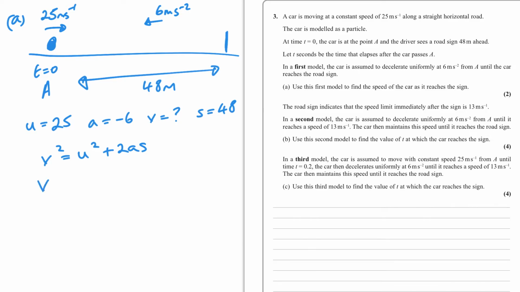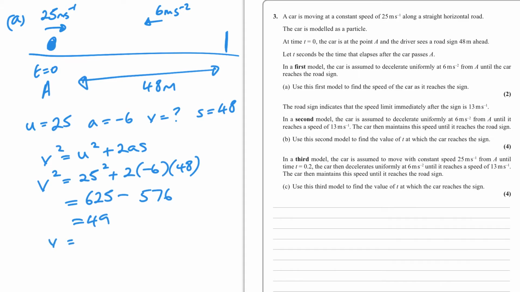So v, as we said, we're trying to find, and we've got 25 squared plus 2 lots of negative 6 times 48. So that's 625 minus 576. And that gives me 49. So v has got to be 7 meters per second there.